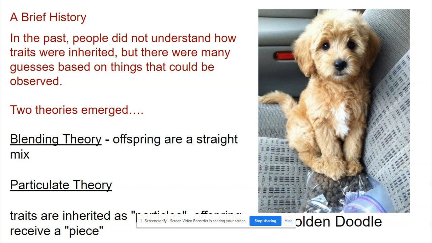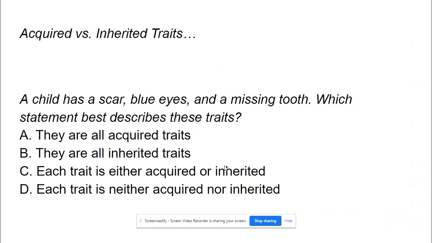The blending theory was that offspring were a straight mix of parents. And then there was the particulate theory that traits are inherited as particles, and the offspring get a different piece. So here you have a cute little golden doodle that you can tell is a mix of its parents. So when we think about traits, there's different variety.